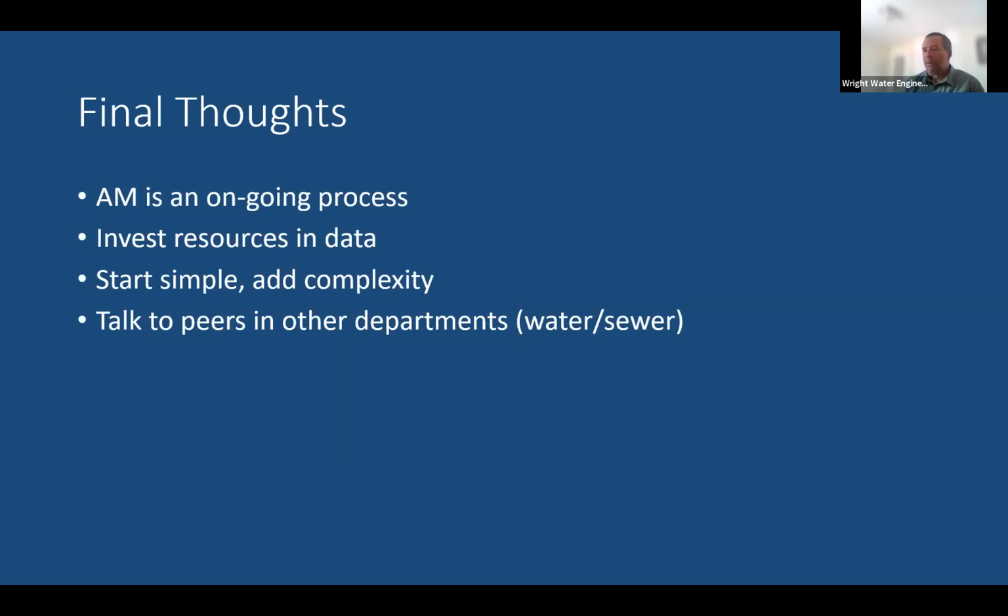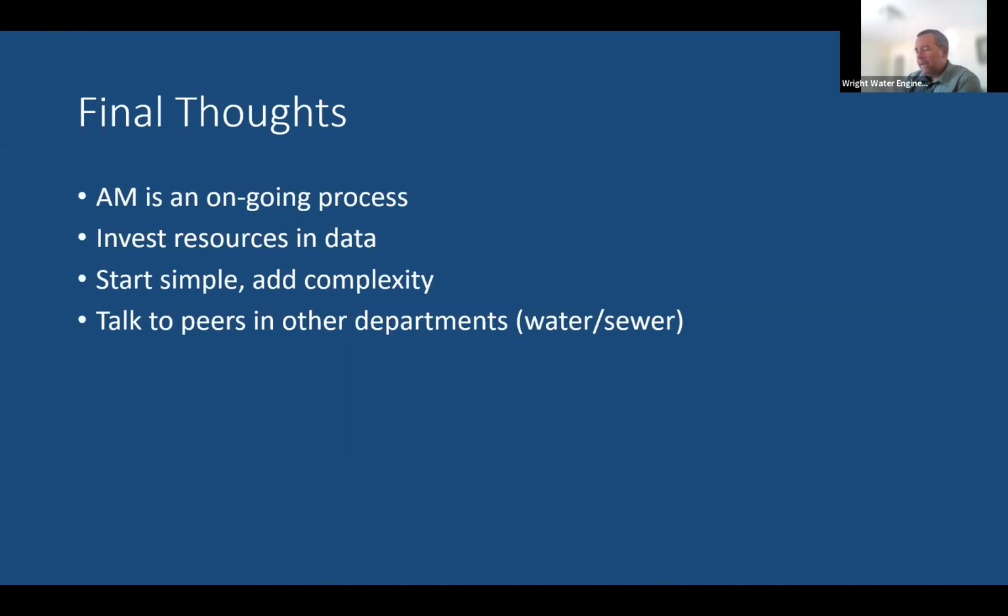It really is important to invest in the data and the information. So go out and collect all your asset inventories, do good condition assessments, invest in some sort of a CMMS where you can track all of that operation and maintenance data over time.